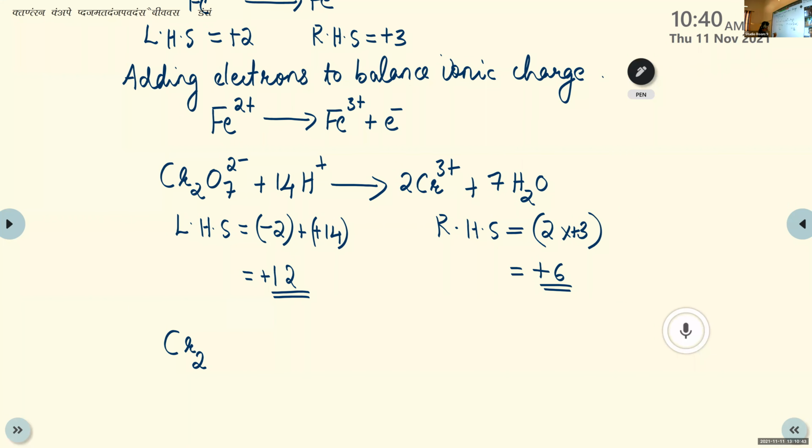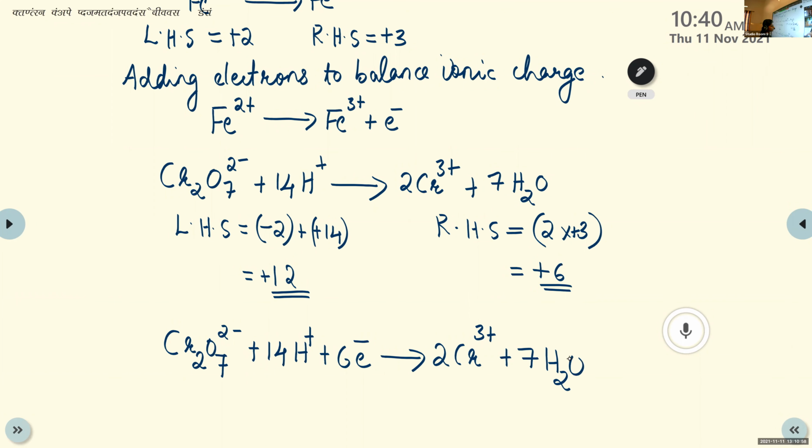So here the equation becomes Cr2O7 2- + 14H+ + 6e- gives 2Cr3+ + 7H2O. Then look at these two equations. Fe2+ gives Fe3+ + e-, and here it is Cr2O7 2- + 14H+ + 6e- gives 2Cr3+ + 7H2O, right?